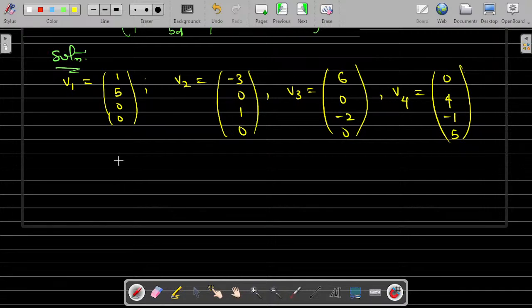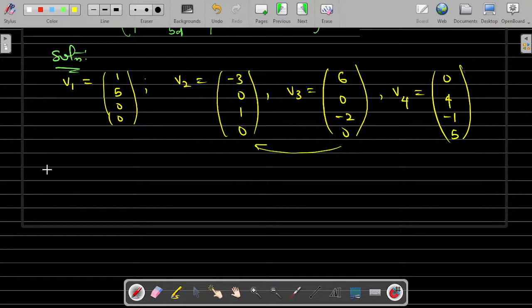So remember we said that the bases are the vectors that are linearly independent. Can we get the vectors here which are linearly independent? Of course we can. The first way you can go about it, which is also mentioned in the hint, is that you can see that V3 is clearly a multiple of V2.